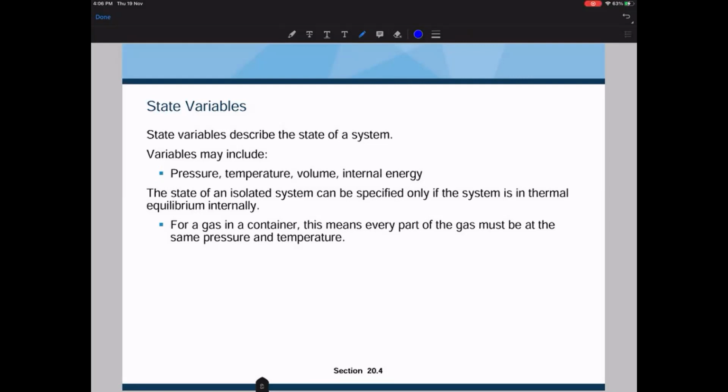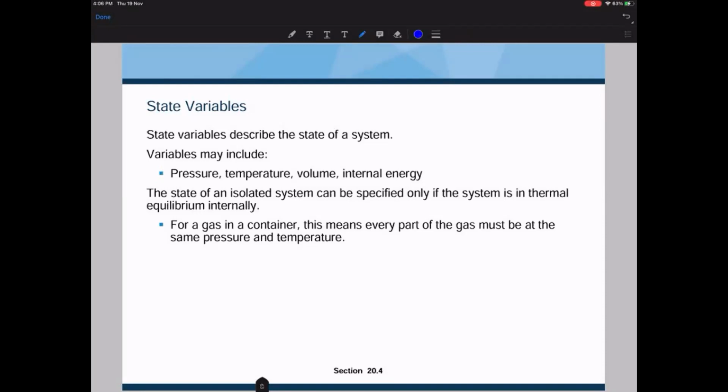When it is in thermal equilibrium, no matter at which location we measure these state variables, we would get the same answer. Say, when we measure the temperature at the top right-hand corner of a container for the gas, we would obtain the same result if we measure at the bottom left-hand corner. This would be essential if we try to describe the situation of the system.